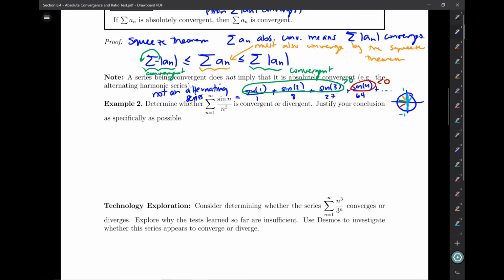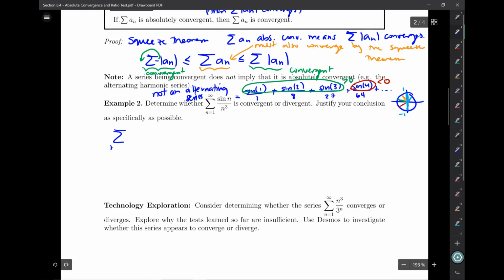So it's in its own little boat, and we can't use the alternating series test. We can't use the comparison test or the limit comparison test because the terms of the series are not positive. That was one of the things we needed in order to use those. So it might feel like we're a little bit stuck here, but don't worry.